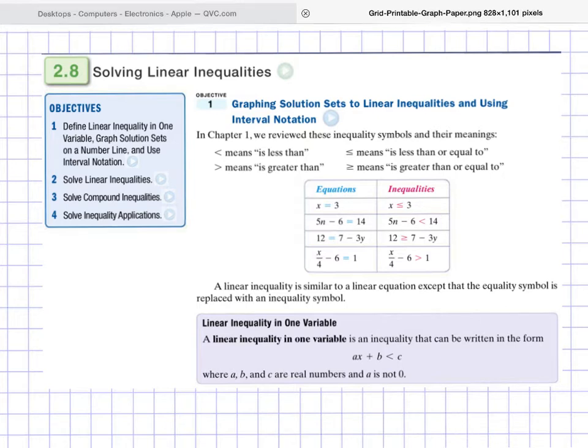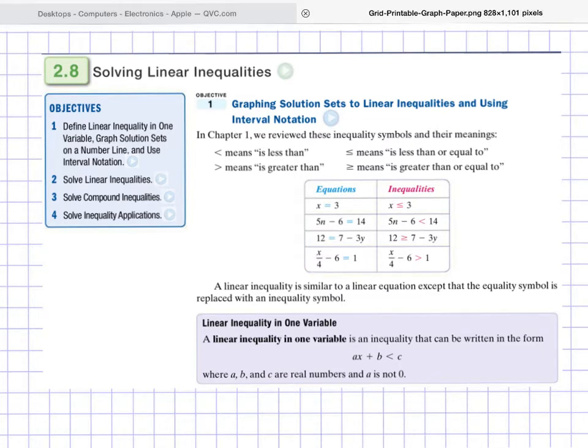For instance, x is equal to 3 is an equation, but x is less than or equal to 3 is an inequality. 5n minus 6 equals 14 is an equation. 5n minus 6 is less than 14 is an inequality. 12 equals 7 minus 3y is an equation. 12 is greater than or equal to 7 minus 3y is an inequality.